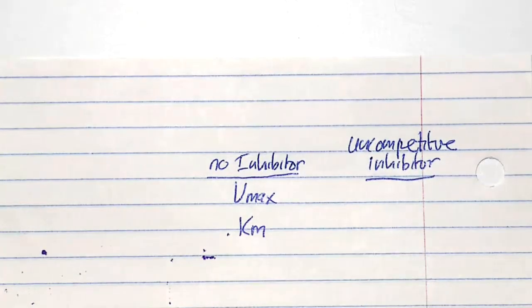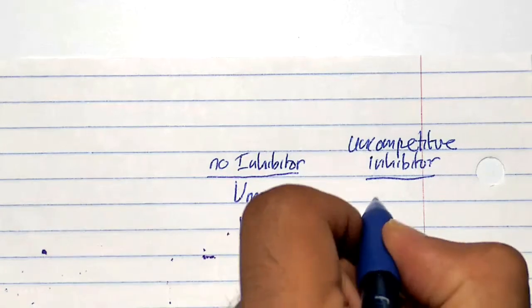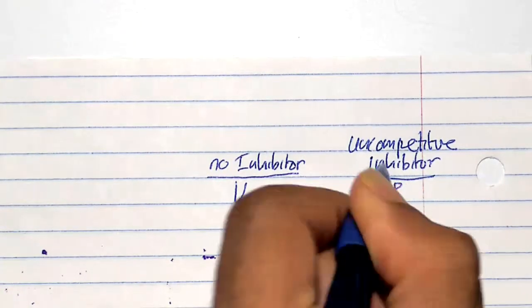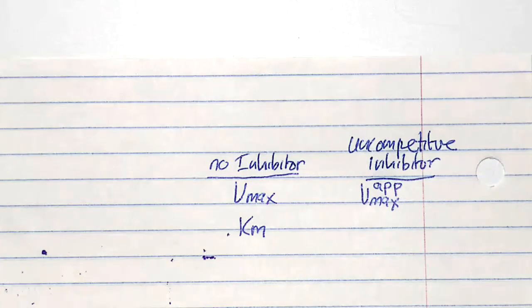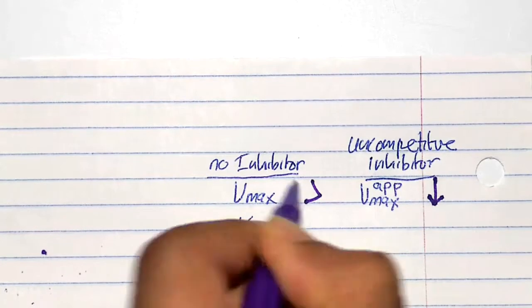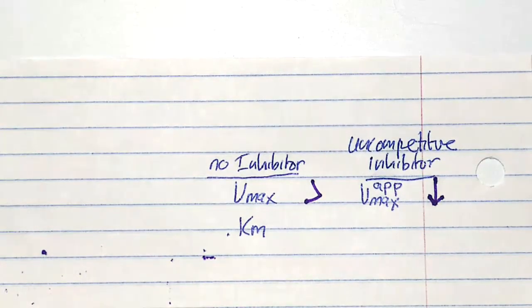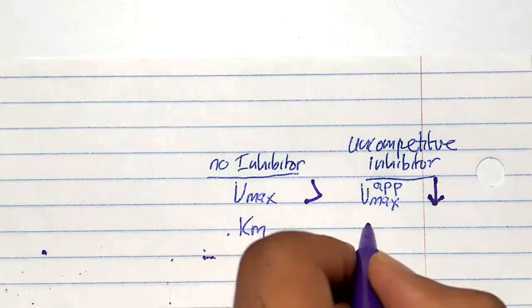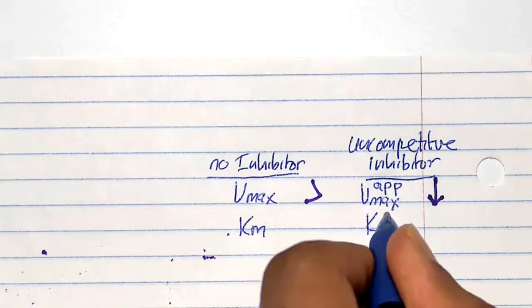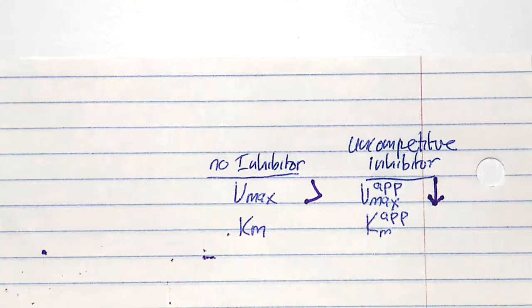We have a new apparent Vmax, and that apparent Vmax is going to be lower. It's going to go down. And we're going to have an apparent Km. And that too is going to be higher or lower.